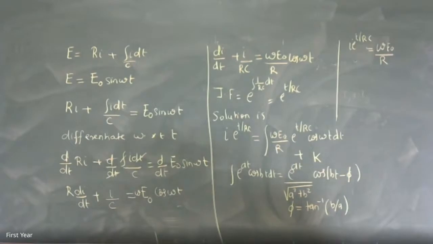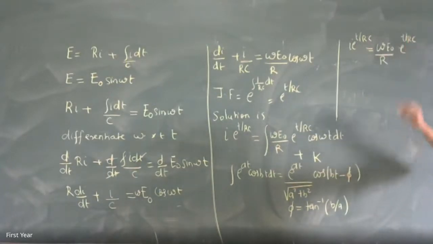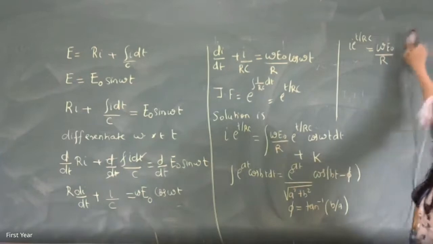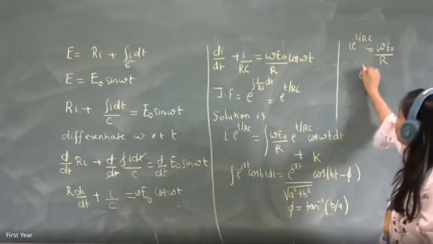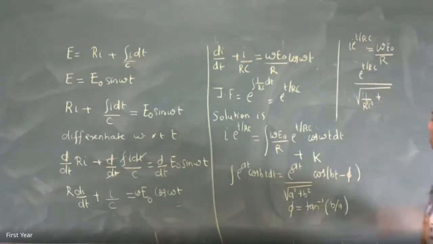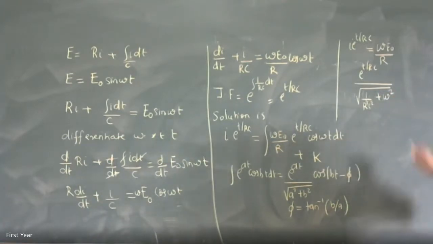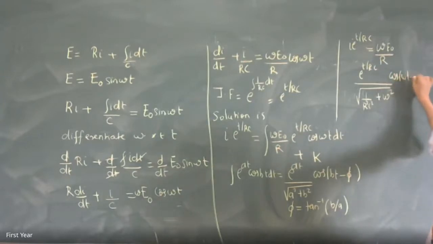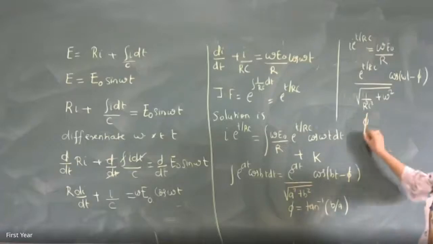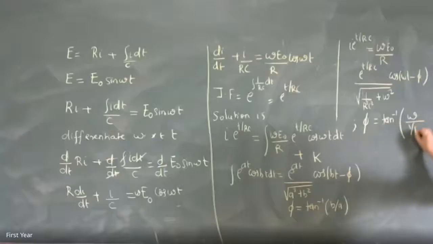Now integration of the term which is there will turn out to be e raised to t by RC upon square root of 1 by R square C square plus omega square, where the value of B is omega, into cos of omega t minus phi, where phi is equal to tan inverse of B by A, omega upon 1 by RC.